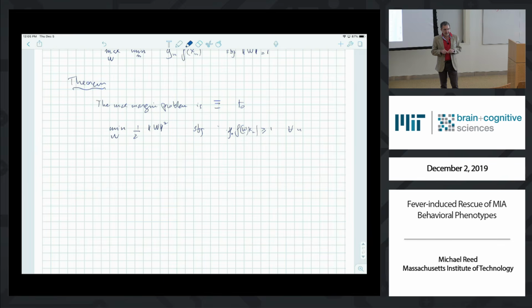The pseudo-inverse is defined in the over-parametrized case as, among all the infinite number of solutions that you have, the one with minimum norm. So minimum norm here plays a role very closely connected to capacity control.